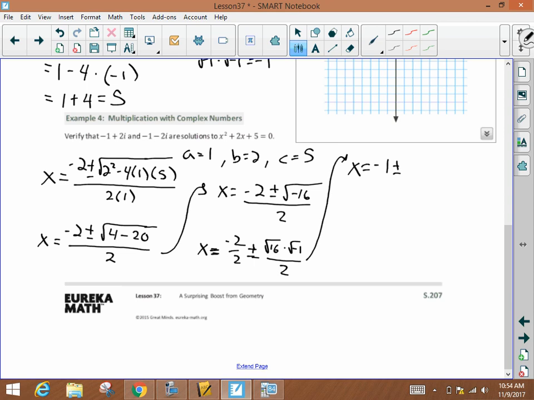The square root of 16 is 4. The square root of negative 1 is i. We just have one more step to go. This is negative 1 plus or minus 2i. Is that true? Absolutely. We have just verified that those two are solutions. Not too bad, right? Just taking some stuff that you already know and throwing a little twist.